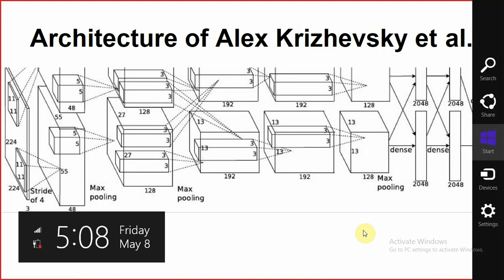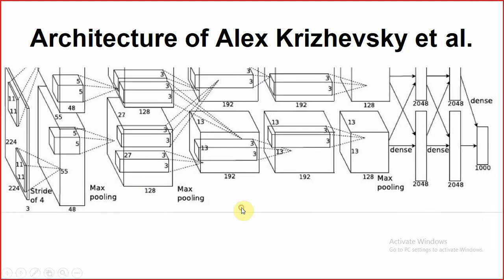This is the shape that was presented by Alex in his paper. As you can see, this is the input image, 224 by 224 by 3, the input image of this ImageNet dataset.